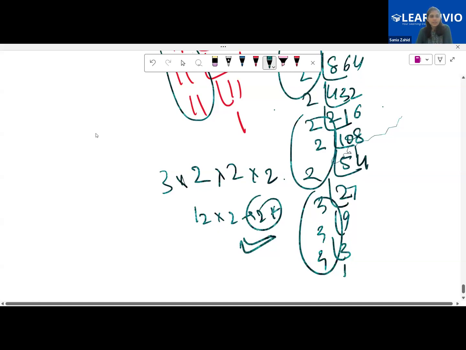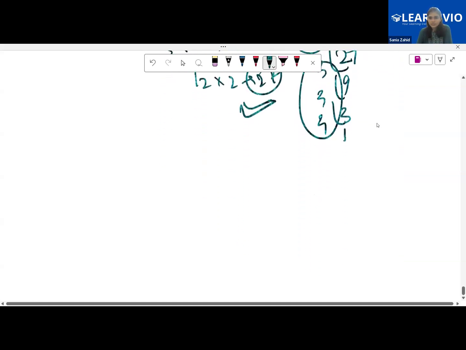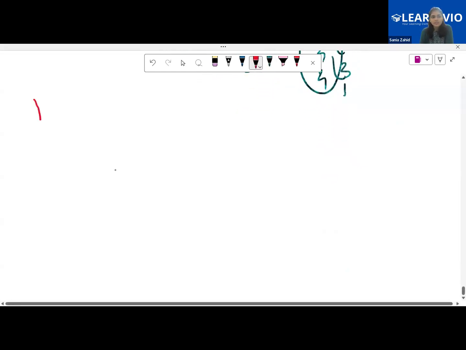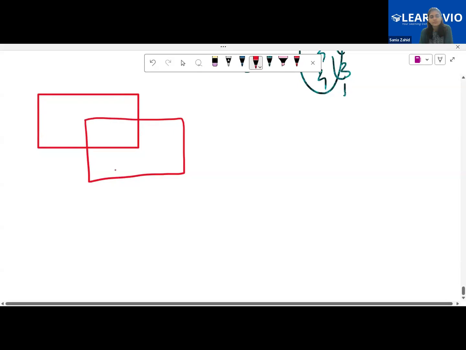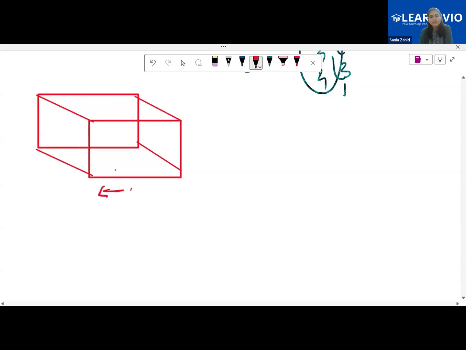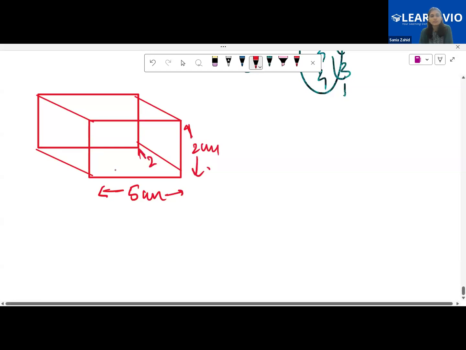Very nice. Okay, now I have a very interesting question here. Consider there is a cuboid. This is a cuboid, and they are saying that the dimensions of this cuboid are: the length is 5 centimeter, the height is 2 centimeter, and the breadth is also 2 centimeter.